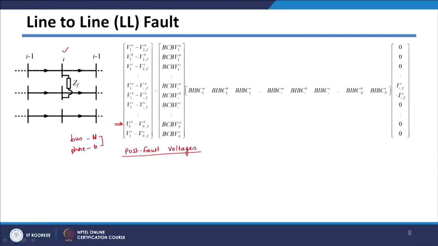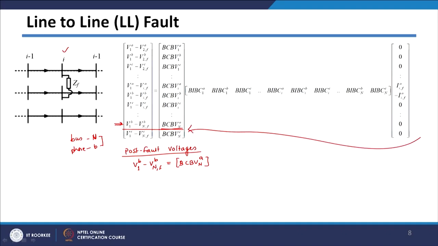So, in this case we need to take this equation here. So, if you take this equation, it will be V1B minus Vn post fault of B phase, which will be equal to your BCBV matrix. This part will come. So, rho corresponding to A phase and nth bus, which is this, and this will get multiplied with respect to this part of the matrix.